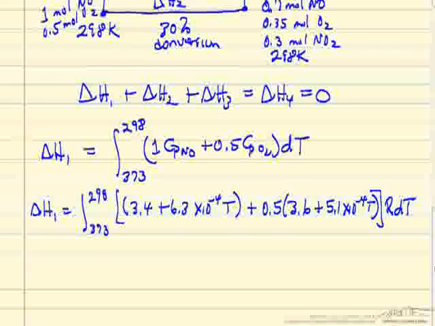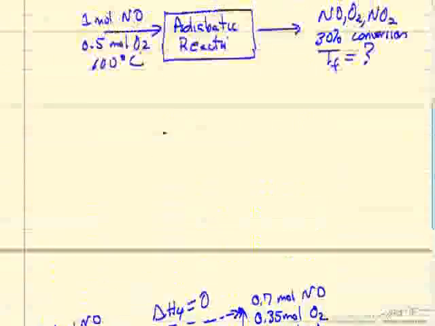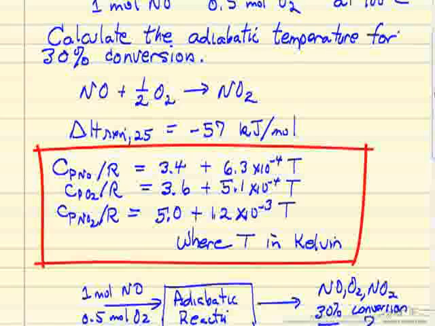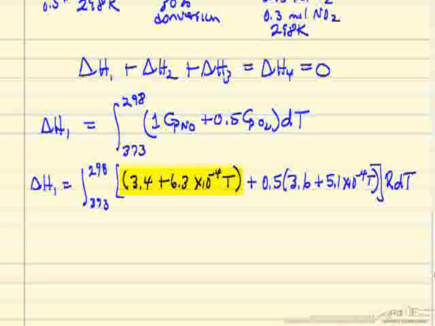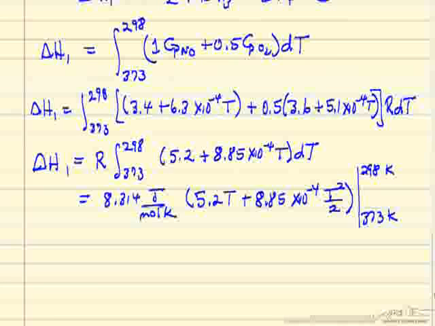We were given the heat capacities, and notice these were heat capacities divided by the gas constant. So I've substituted in the heat capacities for NO and for O2, with the half mole of O2, and the gas constant is here, times dT. We can simplify this and do the integration: add up the first term, do the multiplication, and bring the R outside.